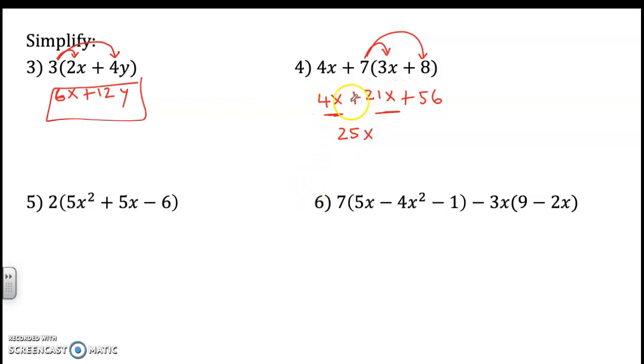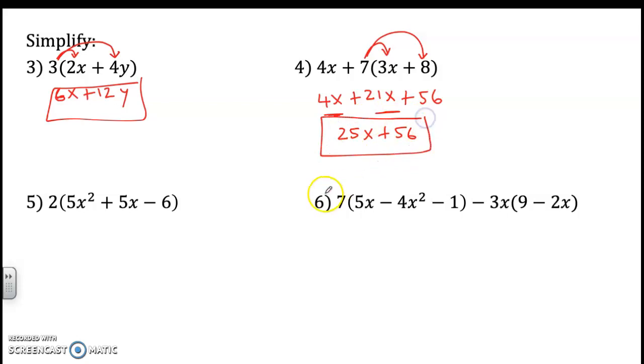When I'm combining like terms, I keep the same variable. X does not change. It's like when, let's pretend that I have 4 apples plus 21 apples. That's going to give me 25 apples. When you're adding or subtracting, the variable does not change. I use my x. Now let's bring the 56.